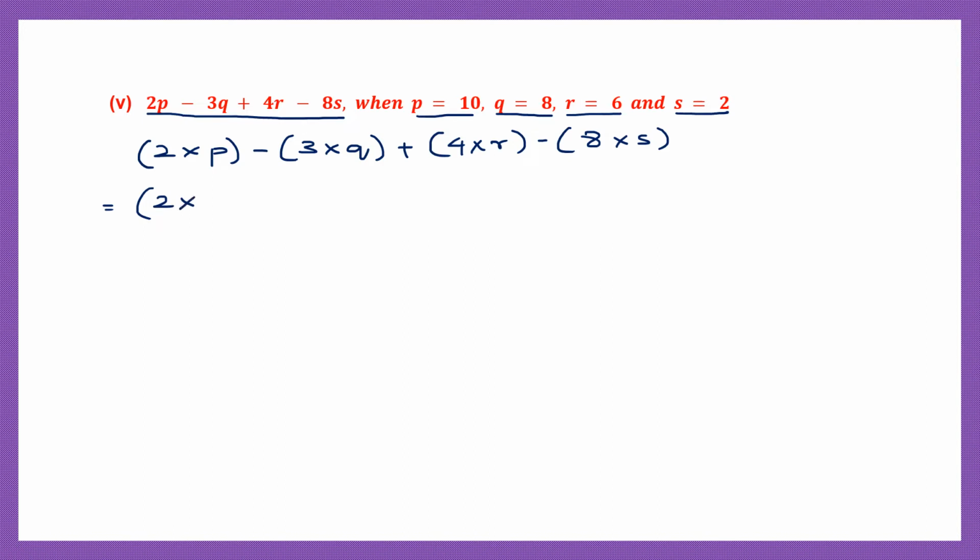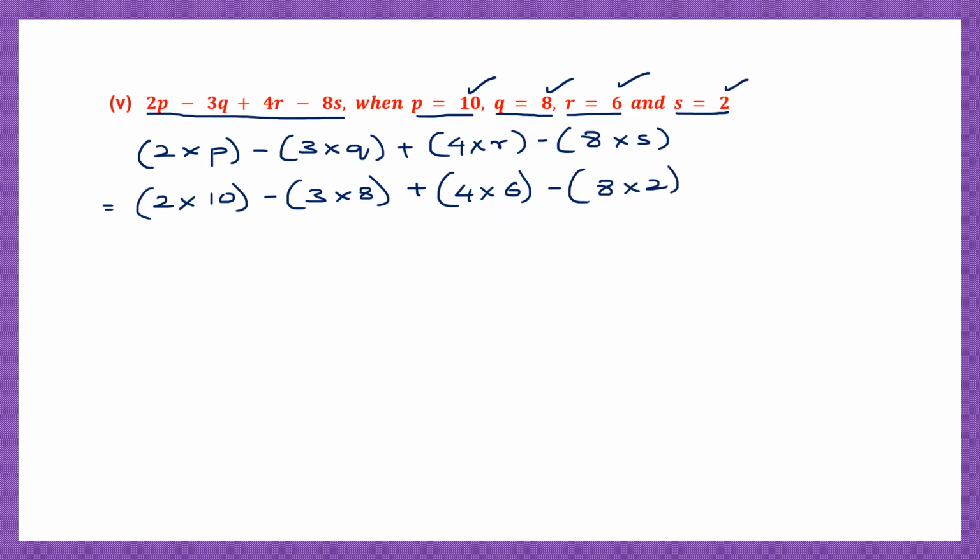So 2 into p is 10 given to us in the question minus 3 into q is 8 plus 4 into r is 6 minus 8 into s is 2.